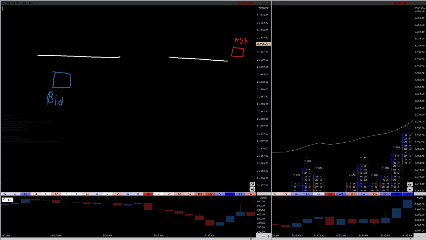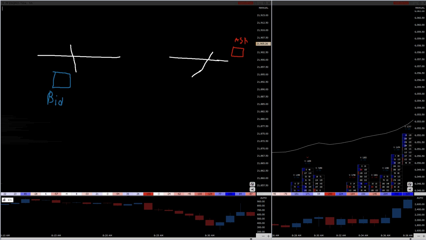All right, so obviously you want to see price hit into your order or hit into your level, or just your watched price. So as it comes down into this block and as we come up into this block, you want to see aggressive market participants in that direction.